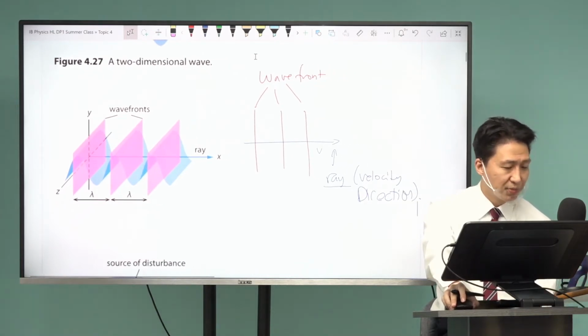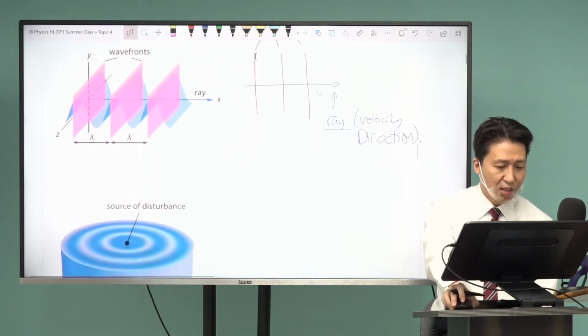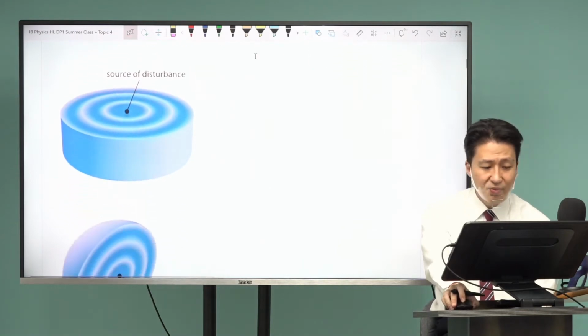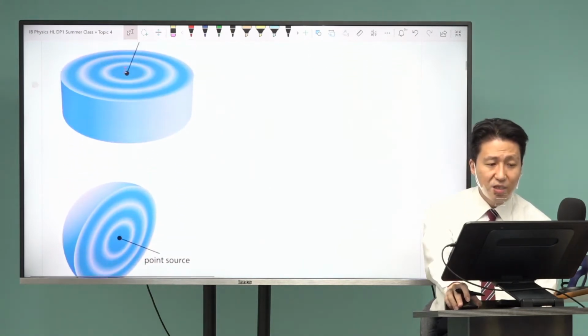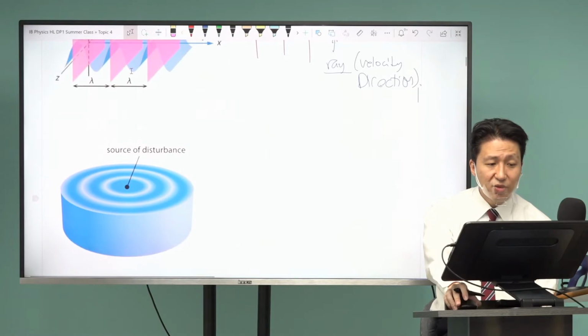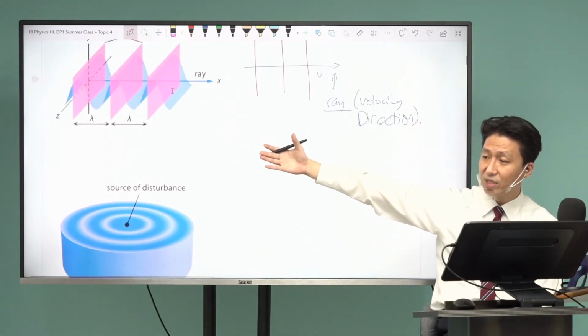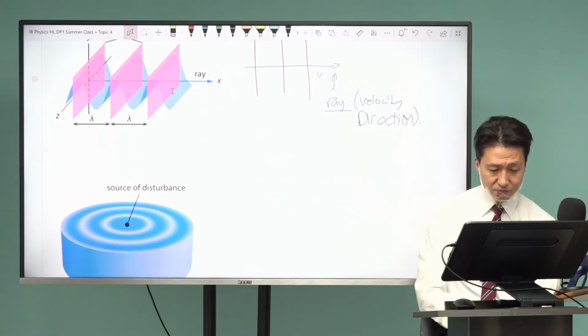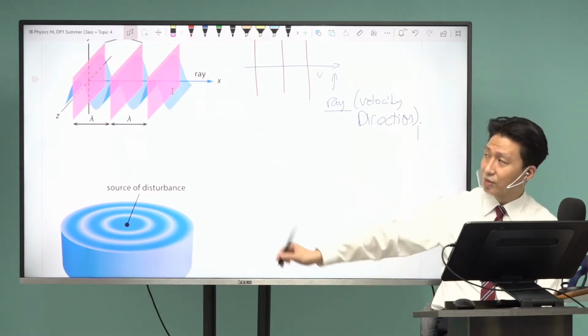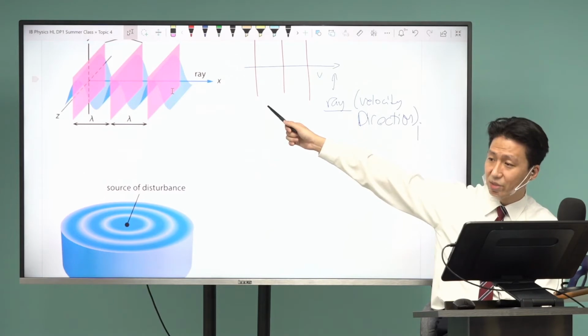So, next part. There's different types of waves. And these waves over here just look like walls, right? They don't become any bigger, they don't become any smaller. So these are 2-dimensional.